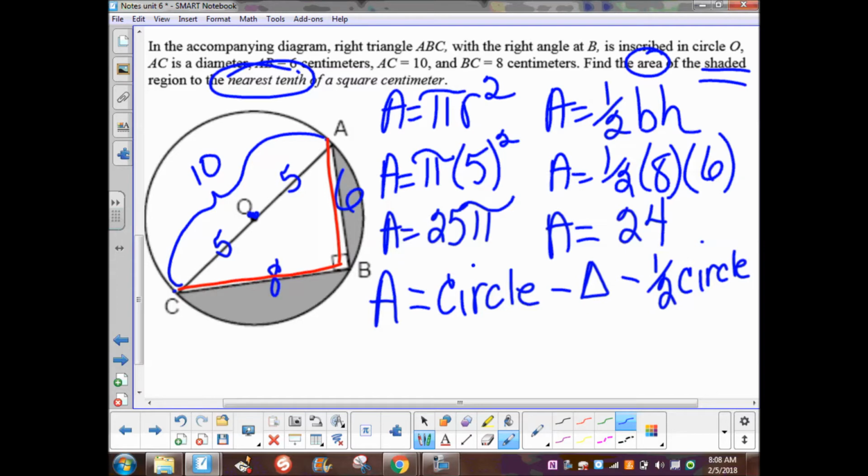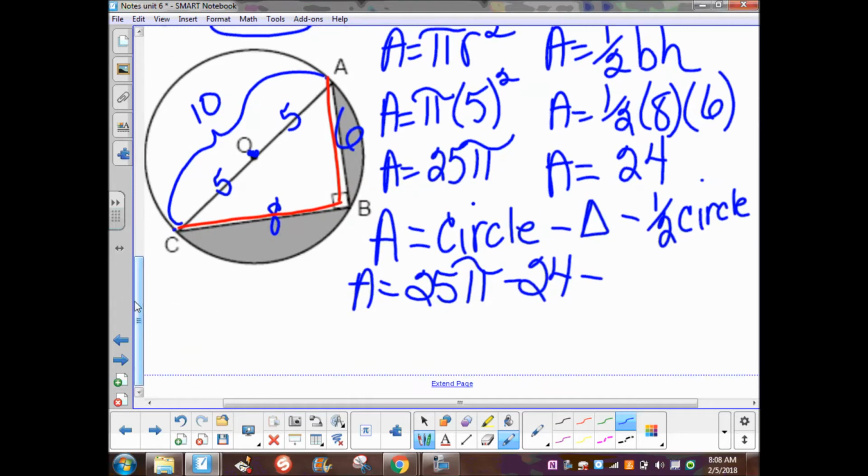So I've got area of the circle, 25 pi. We know that. We found it. Area of the triangle, we found that too, 24. Minus the half circle.